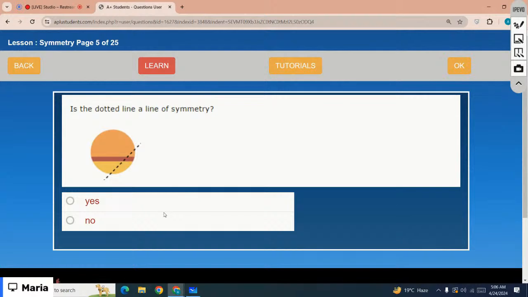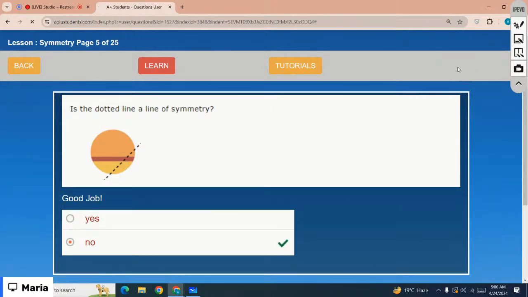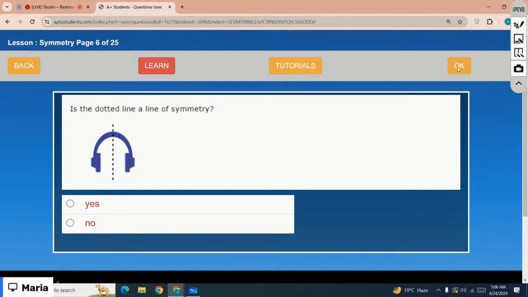The correct option is no. Is this dotted line a line of symmetry? The correct option is yes, it is.